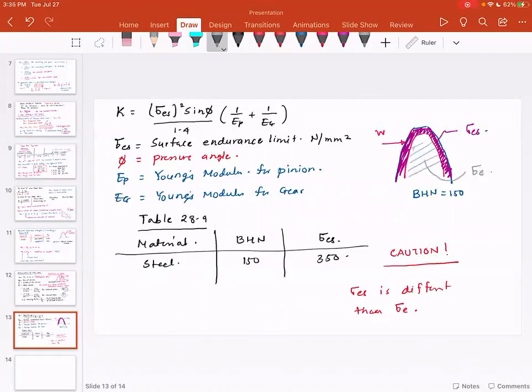So this is the strength at the case, or strength at the surface, and sigma E is strength at core.